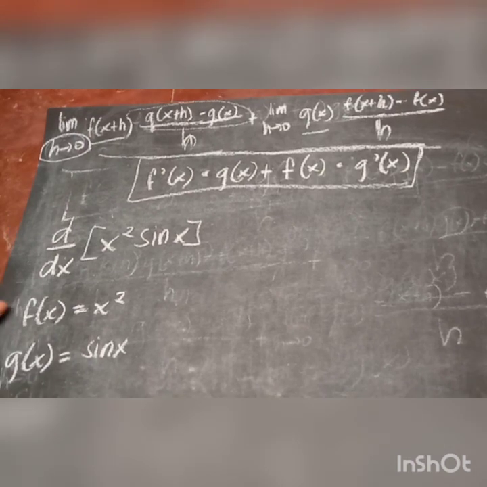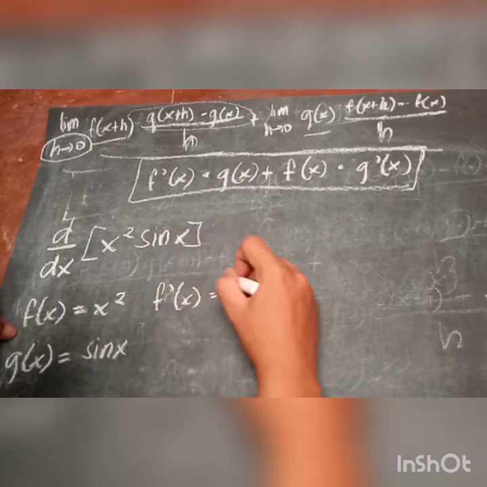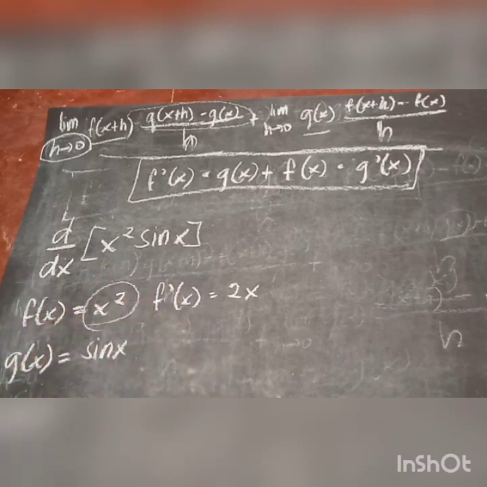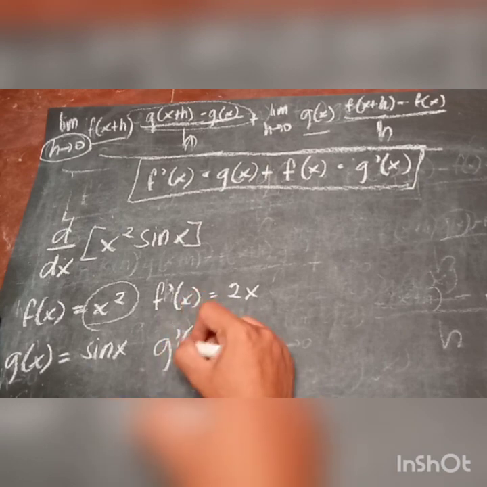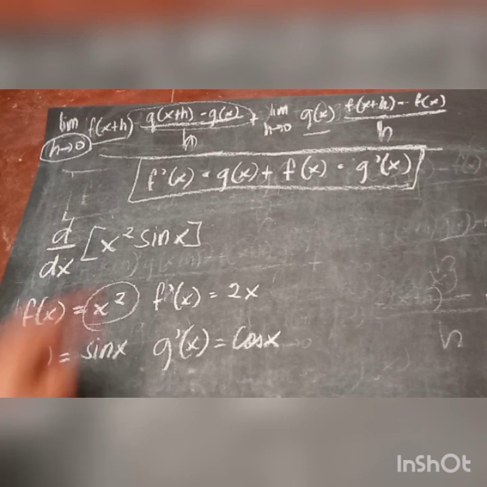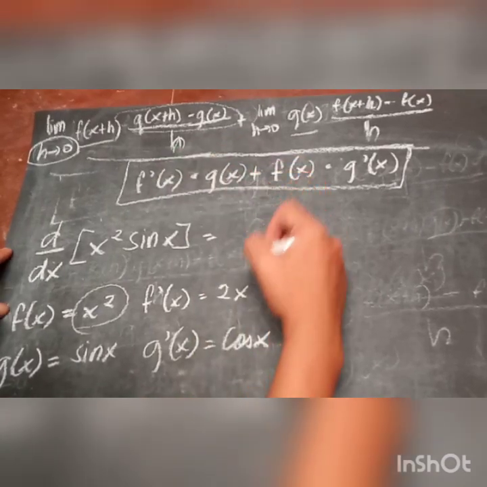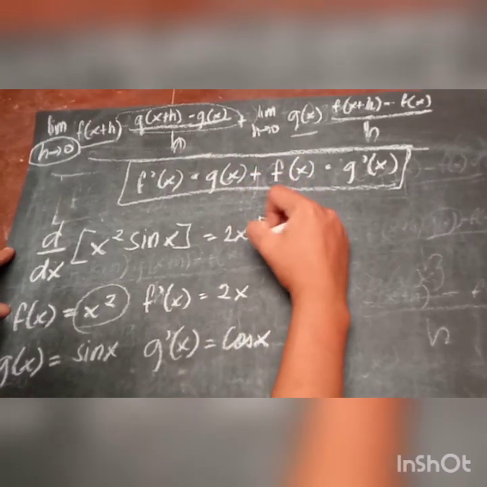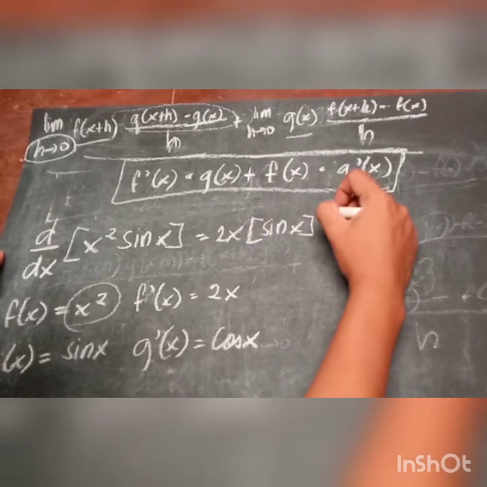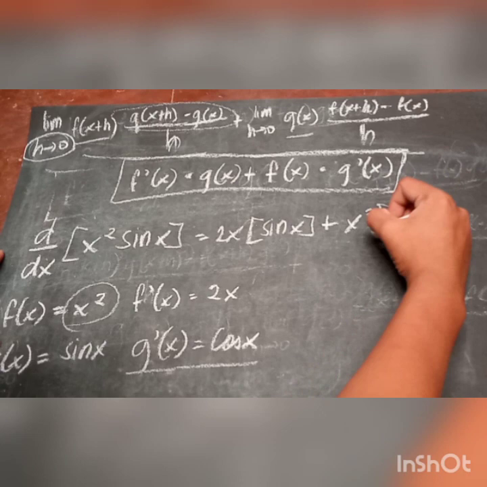The f prime of x is 2x, as we know using the power rule, and then the g prime of x is cos x, and we will just substitute these into the expression. So we have f prime of x, which is 2x, times g of x, which is sine x, plus f of x, which is x squared, times g prime of x, which is cos x.